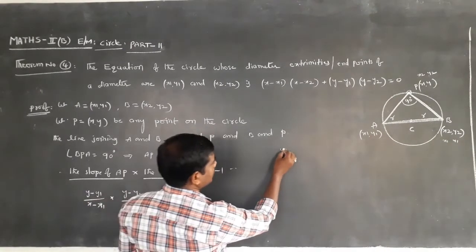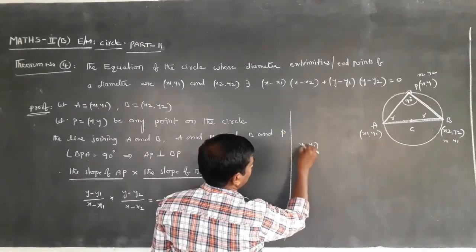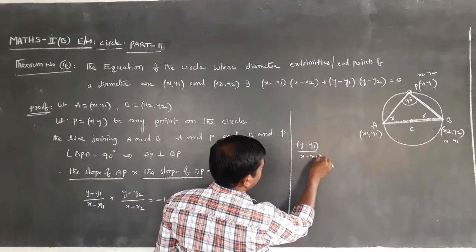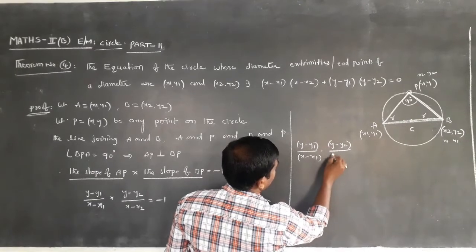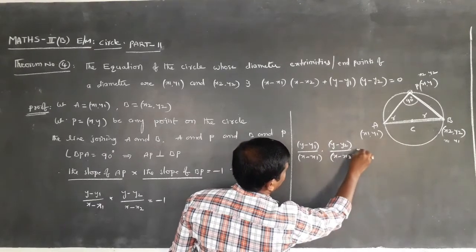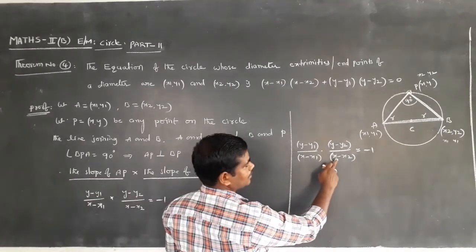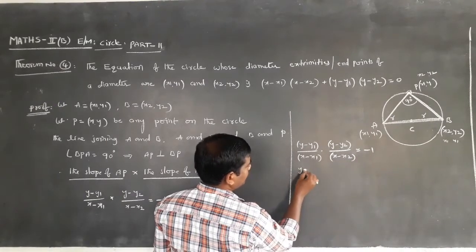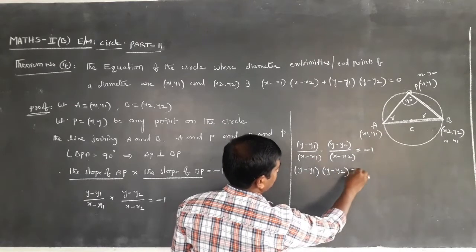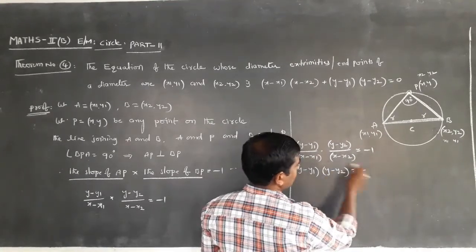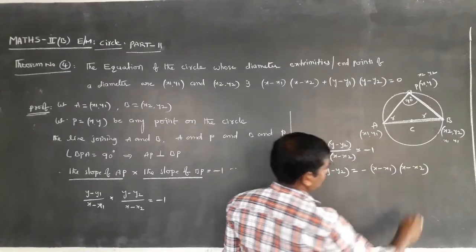Means (y - y1)/(x - x1) into (y - y2)/(x - x2) is equal to -1. Taking (x - x1)(x - x2) to the right side, (y - y1)(y - y2) is equal to -1 into (x - x1)(x - x2).